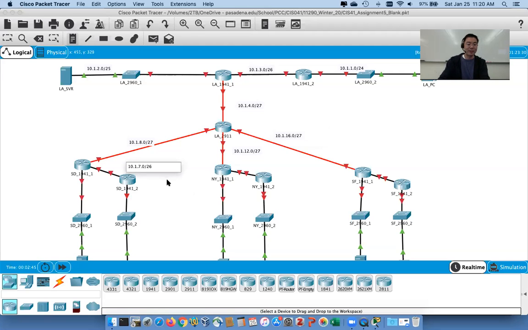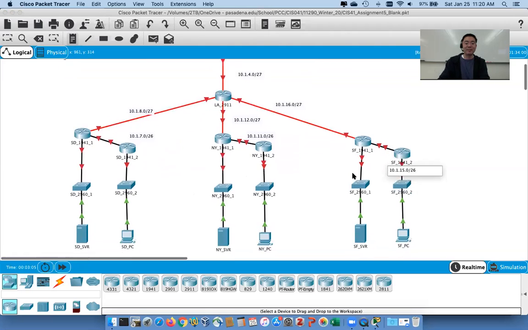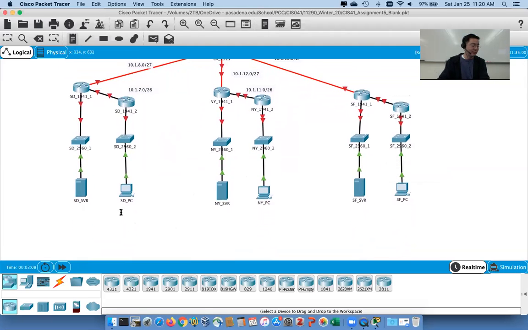Okay, 10.1.7.0/26 is over here. 10.1.11.0/26. This one is 10.1.15.0/26. Okay, then 10.1.5. This one's 10.1.6.